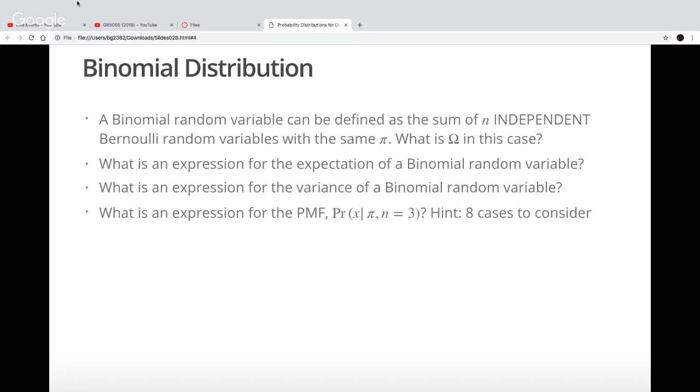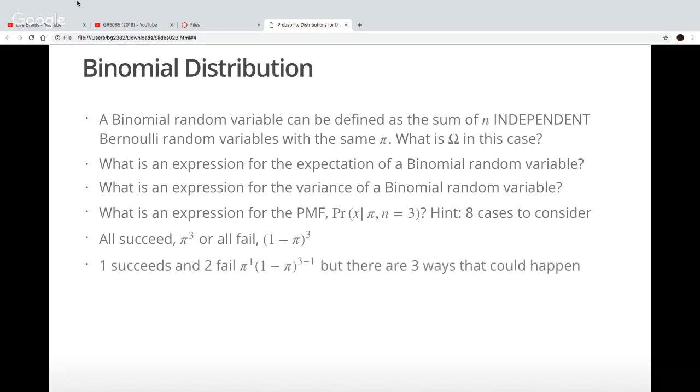But just to spell it out in a little bit more detail. So 2 of the cases are all 3 succeed or all 3 fail. They're independent. So it's just pi to the third, or 1 minus pi quantity cubed for the case where all 3 fail. So that gives us 2 cases. Then we have the case where 1 succeeds and 2 fail.